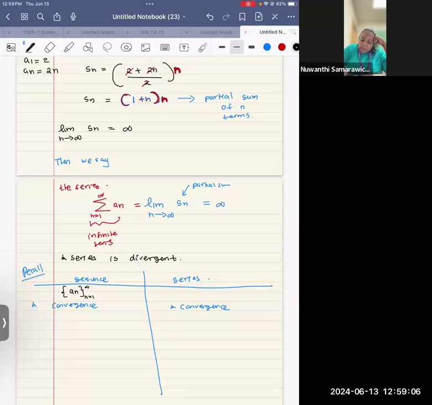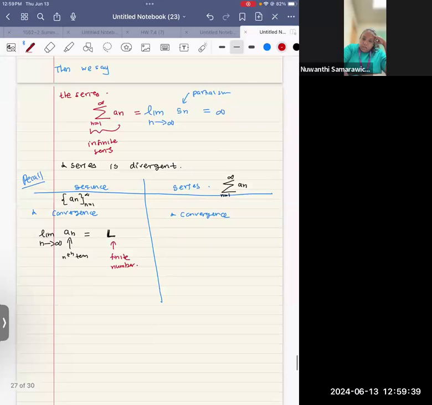Your series is something like this, summation from 1 to infinity of a sub n. If a sequence is convergent, we need to show that as n approaches infinity, the limit of this n-th term is just a finite number.